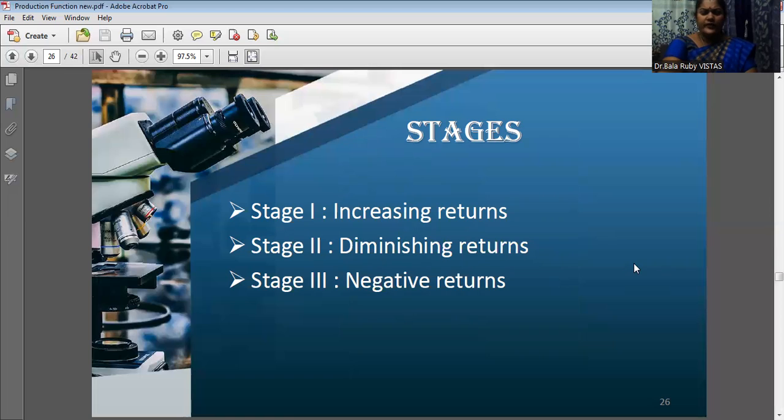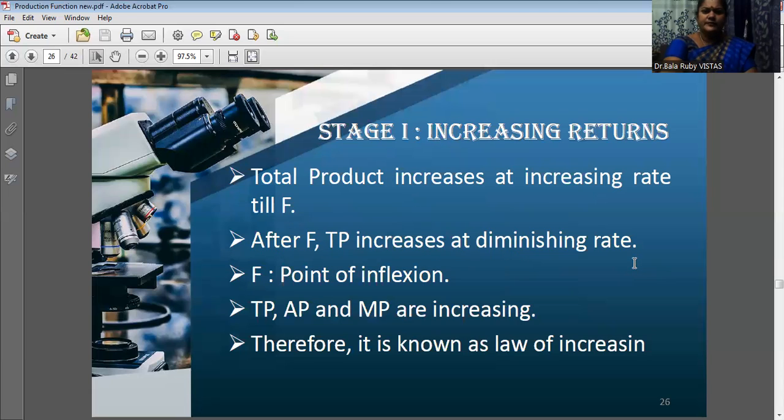See, in this law of variable proportions, there are three stages. One is law of increasing returns. Second stage is law of diminishing returns, and the third stage is law of negative returns. In the first stage, total production increases at increasing rate till F point. After this F point, total production increases at diminishing rate.